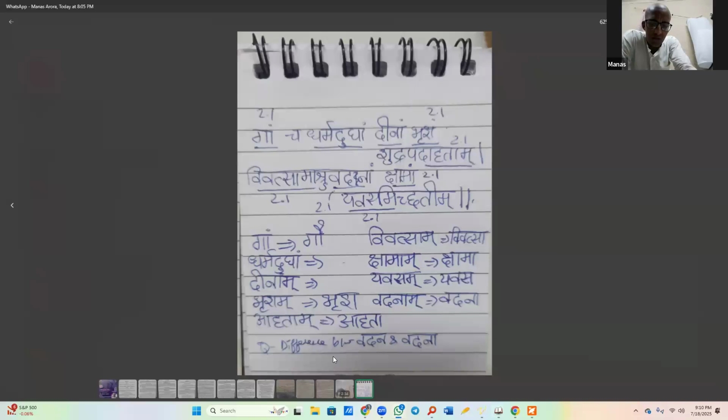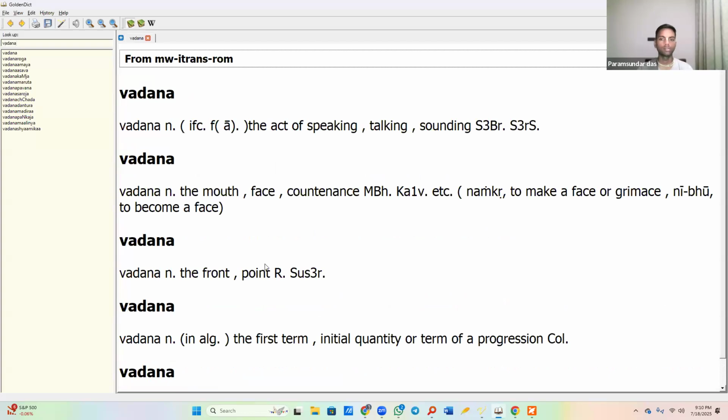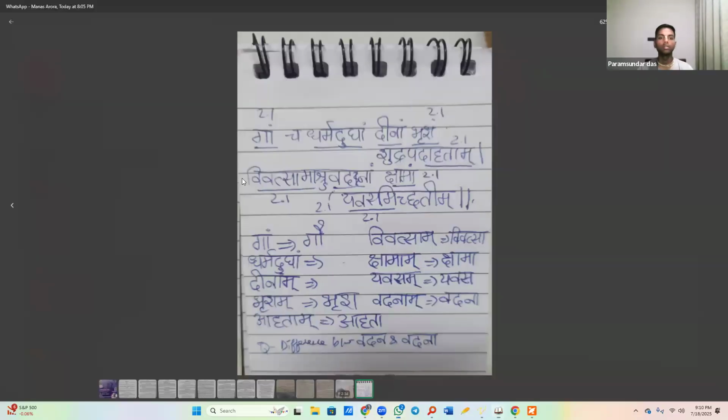Same for Prabhuji, like the word Vadana. So actually, Ashru Vadanam is a samasa, a compound. They're together.